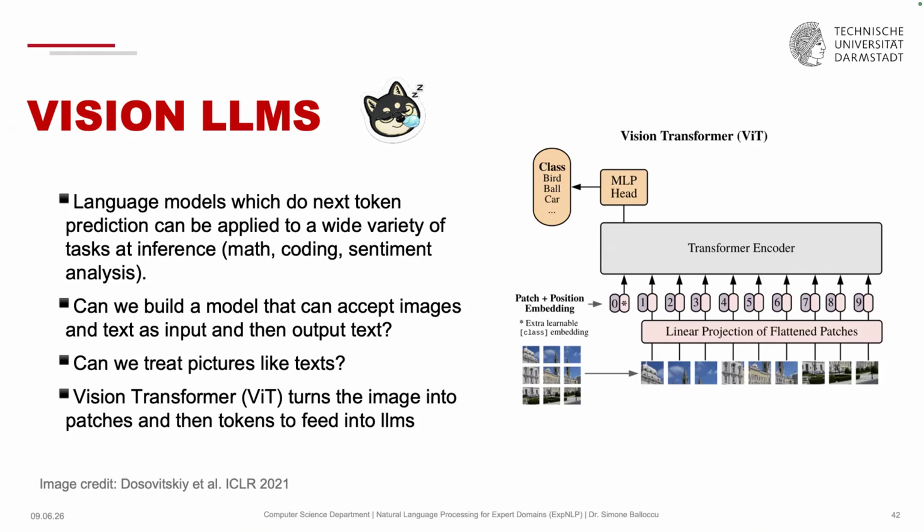How should we treat and convert an image into tokens? So what they did was they divided the input image into different patches. And after that, they linearly projected those patches into a flat array. So that flat array could be treated as an input token and could be fed into the transformer.